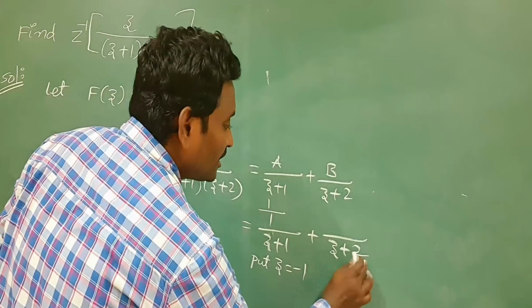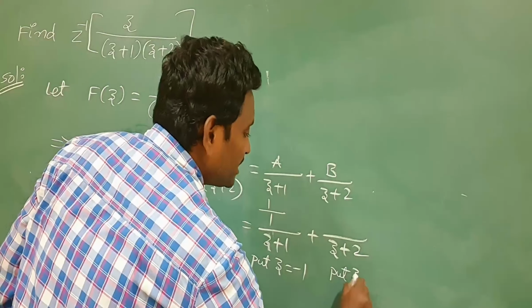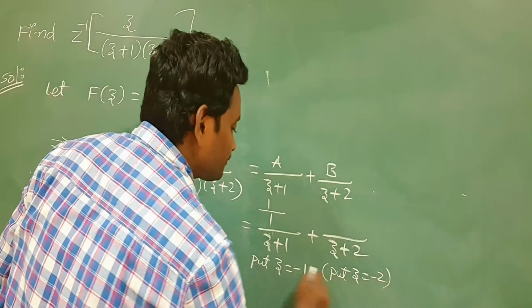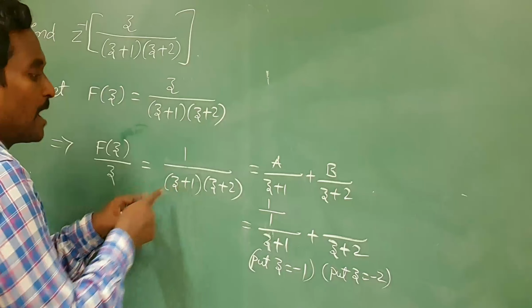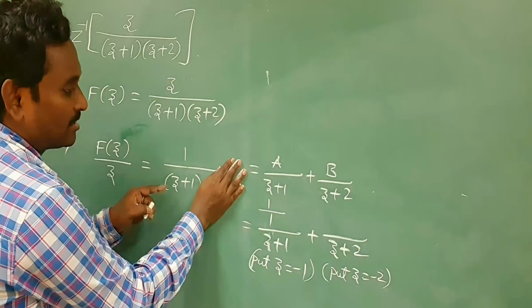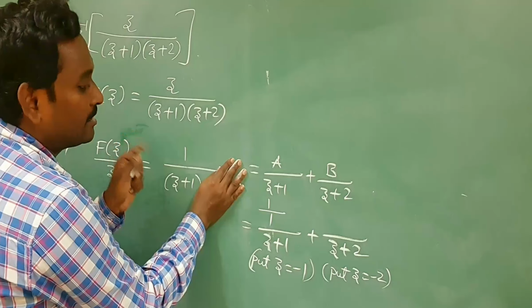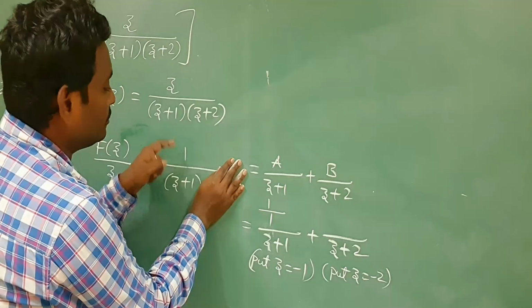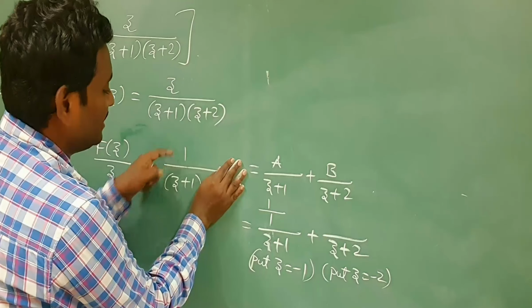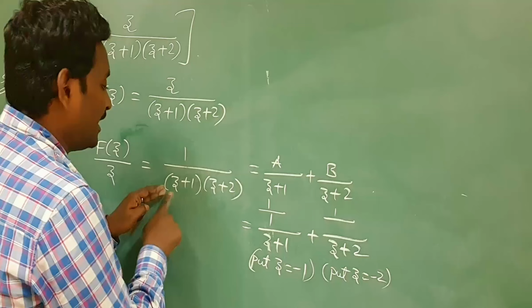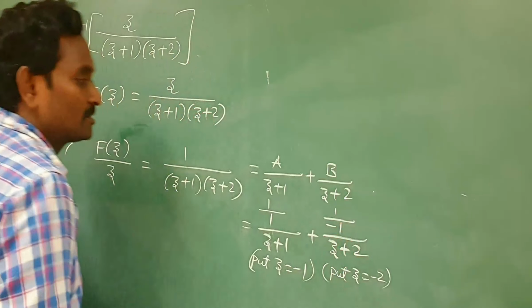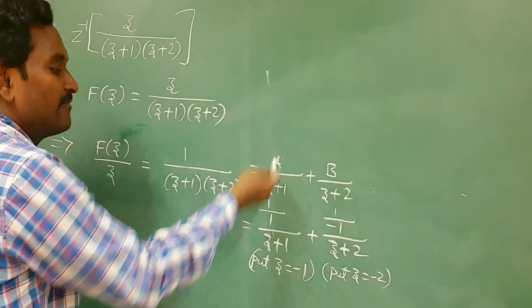Now for the numerator of z plus 2, replace z is equal to minus 2 in the remaining part except the z plus 2 factor. Already the numerator is 1 by minus 2 plus 1, it would be minus 1. So the b value is minus 1, a value is 1.